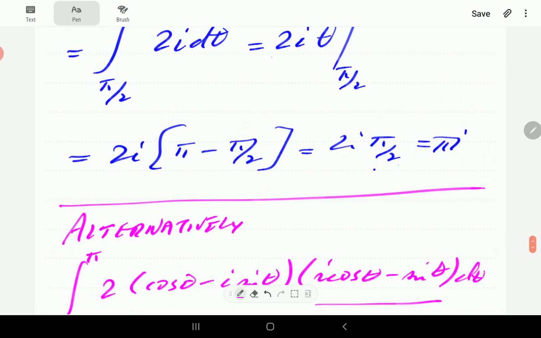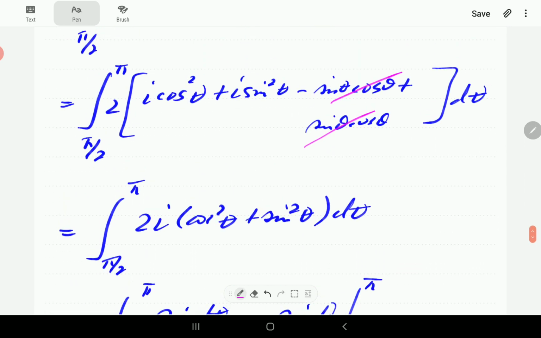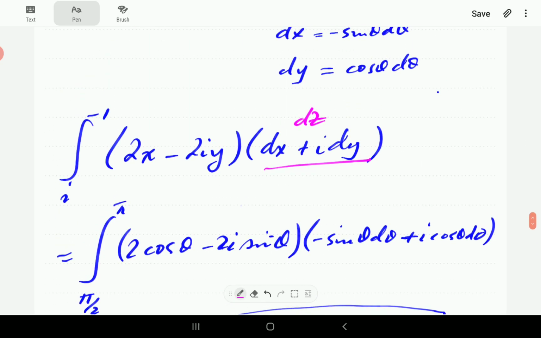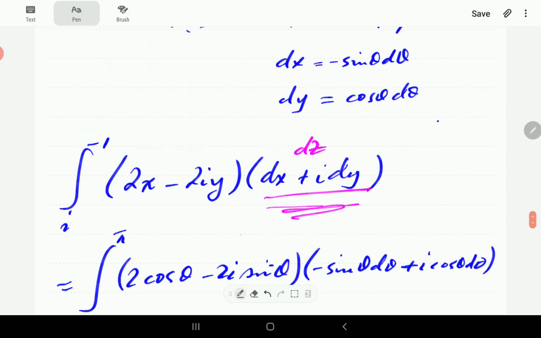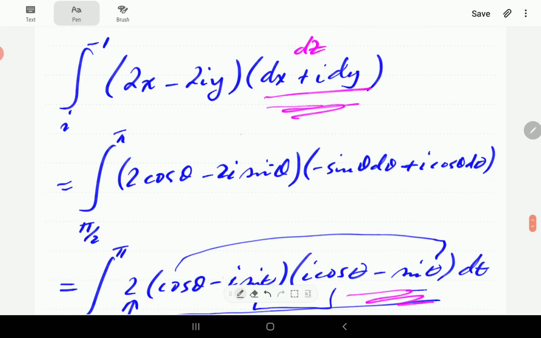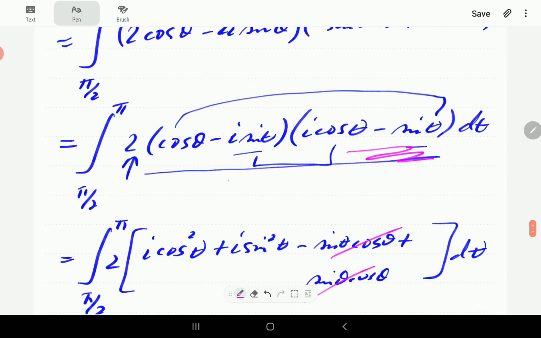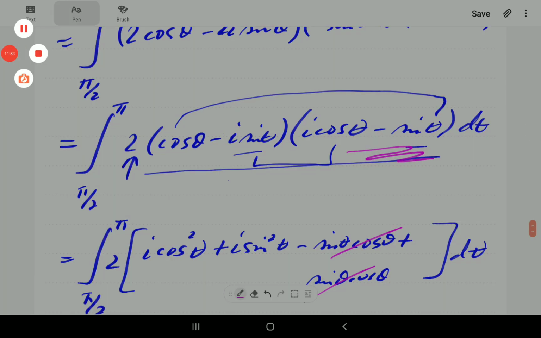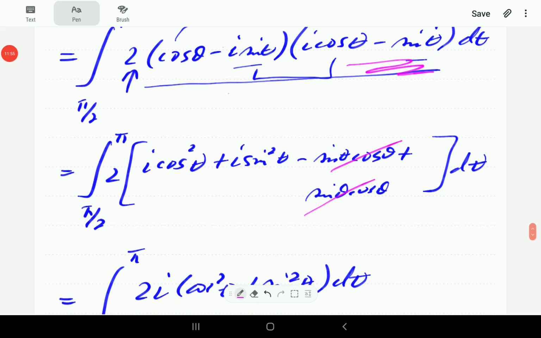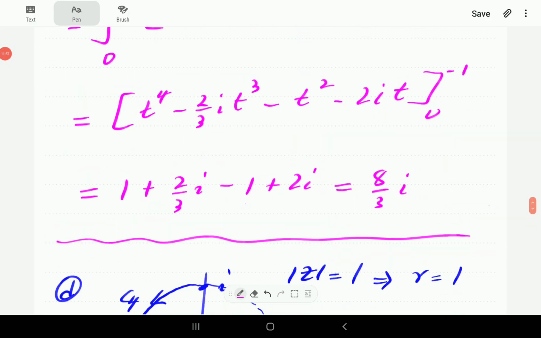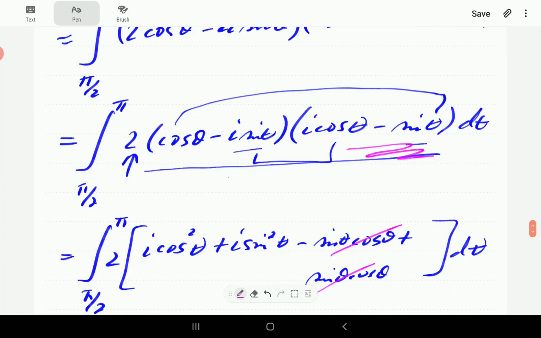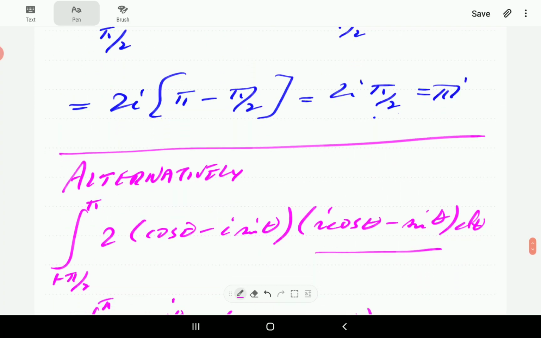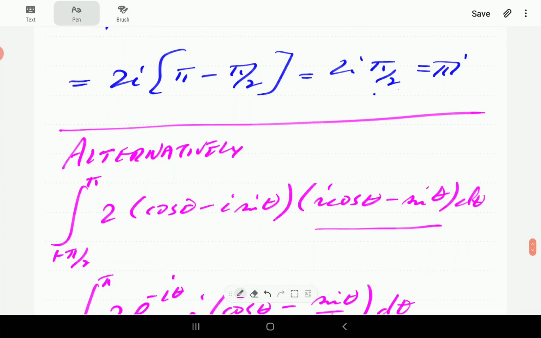So we could have actually plugged that in right away. Okay, so that's enough explanation there. So bottom line, the integral of 2x plus 2iy along that circle contour is equal to pi i.